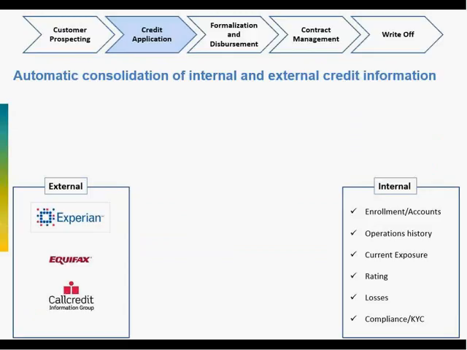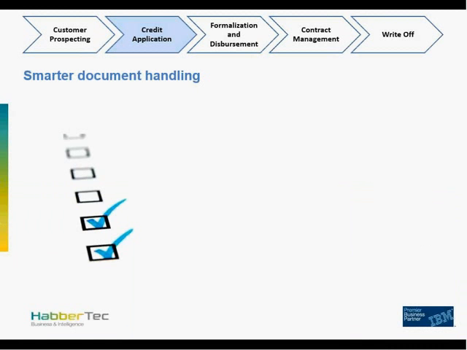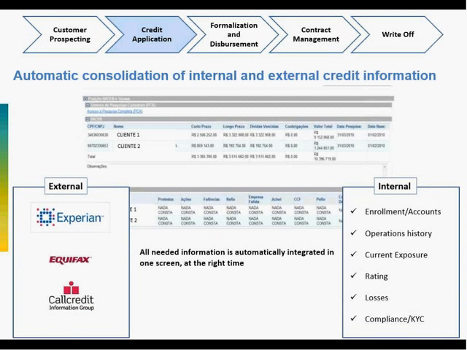productivity. All right, first thing we can do with BPM, and it's very interesting how this brings a lot of benefits for the process, relates to consolidating automatically internal and external credit data, credit information related to this customer.